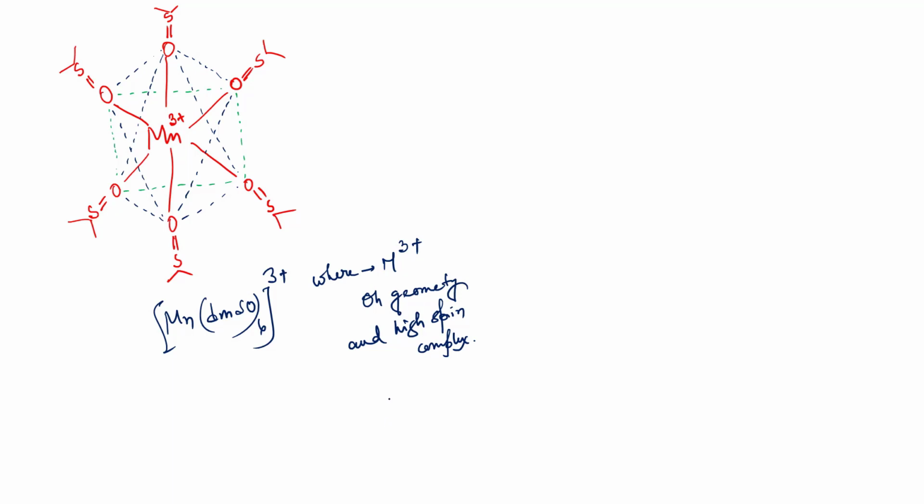Thus, in the free metal ion, manganese 3+ has 4 d electrons. So these are the orbitals of manganese 3+, with 4 electrons.